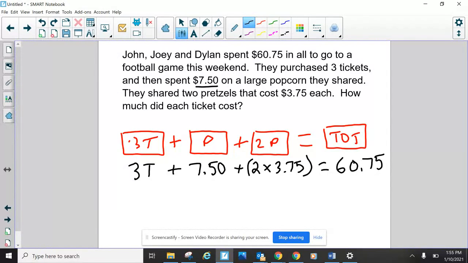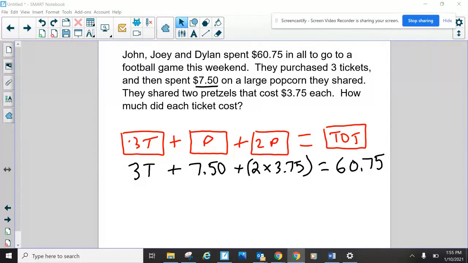So now I'm going to simplify this expression, and I'm going to do that one operation at a time. And we're going to eventually come down to just these 3 tickets that we need to find the cost of. So I'm going to keep the 3 tickets. And the first thing I'm going to do are the parentheses right here, because that's what PEMDAS tells me to do.